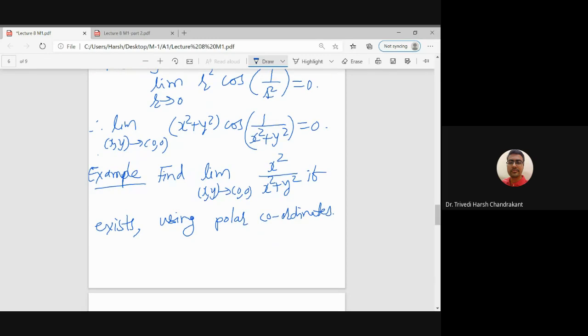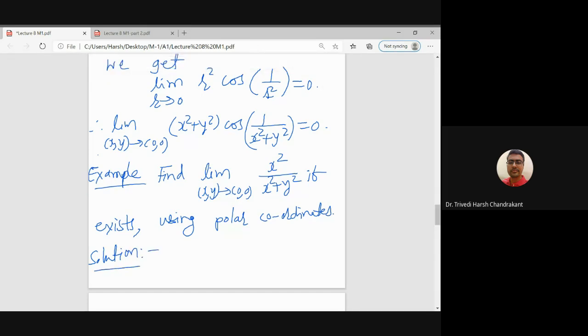So here the question is that first we need to check whether the limit exists or not using the polar coordinates. So our first step is to substitute x = r cos θ, y = r sin θ, and we'll take the limit as r tends to 0. So our function will become a function of one variable, right?